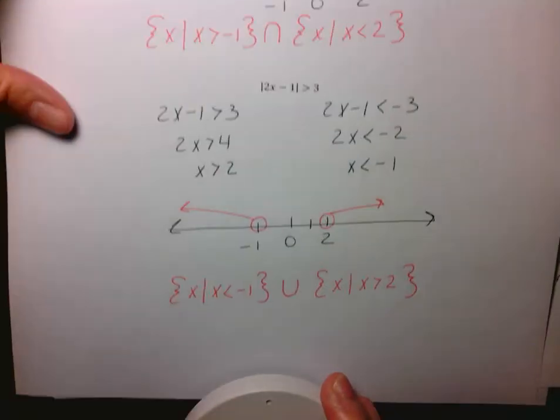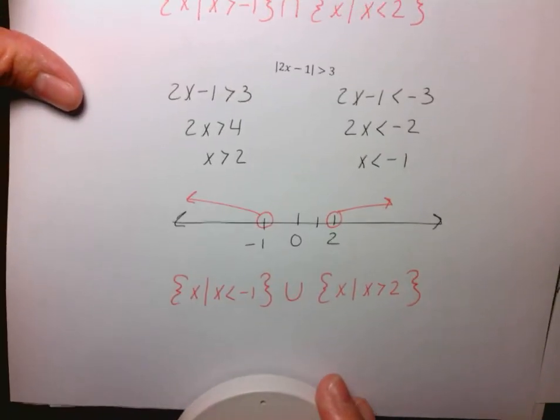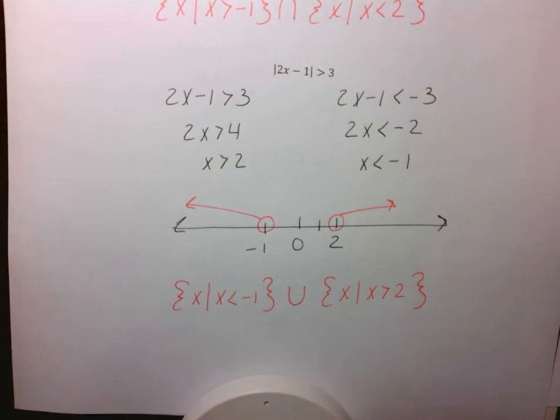And the next one is a union of 2 sets. Notice I did that on purpose. The problems are the exact same. All I did was flip the sign so I can show you the difference between a union and an intersection of sets.